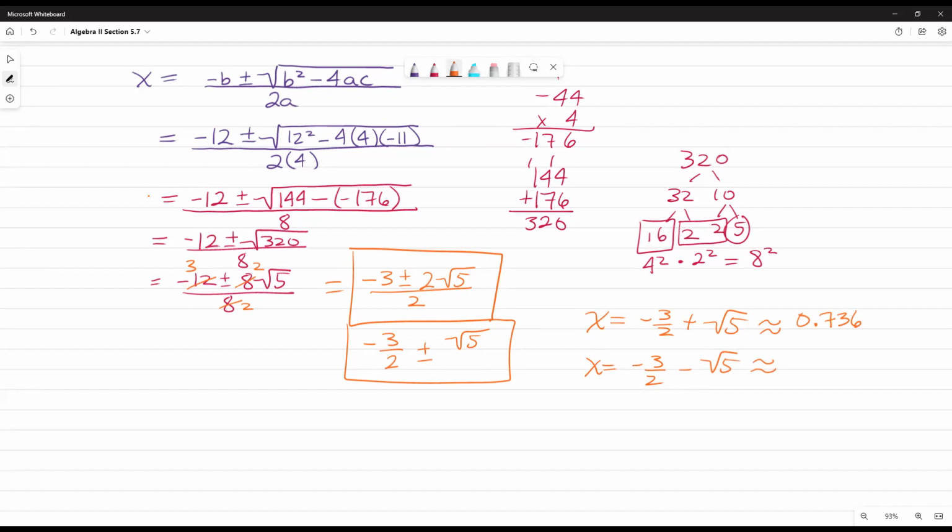Oh, they said that. Yeah. So you'd round it to 0.74. And then negative 1.5 minus the square root of 5 is negative 3.736, or 3.74. Yep, which is what they got. But you would have to have a calculator to figure that out.